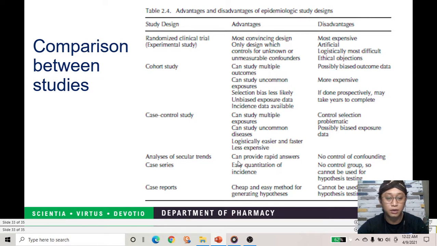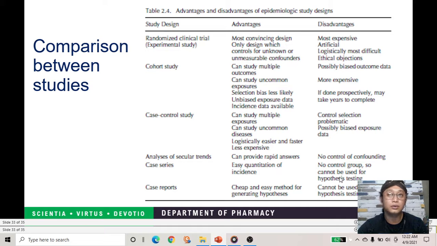We do not have strong evidence to really ascertain the association between an exposure and an outcome. The case series is the quantification of incidence, but because there is no control group, we cannot use it for hypothesis testing.